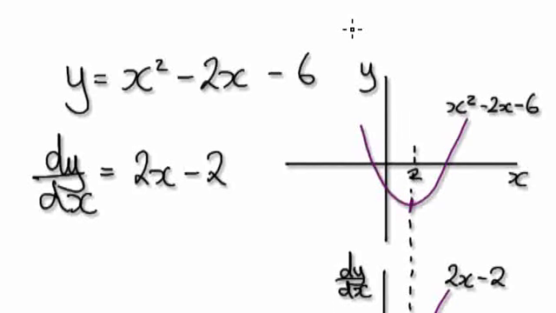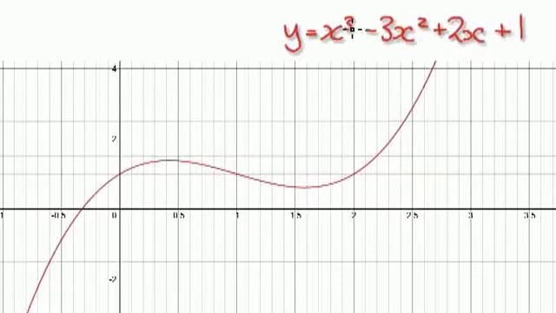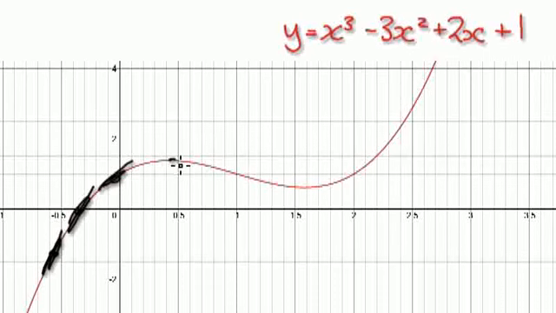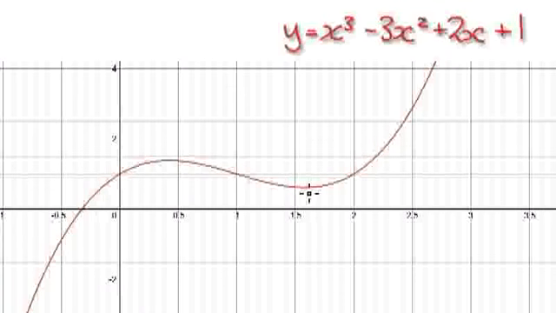Okay, so here's an example. When given a graph like this, now think in terms of the gradient. If you look at this point here, the gradient's positive, positive, positive, and then there comes a point when the gradient is 0, and then the gradient here will be negative, negative, negative, and there will come a point where the gradient will be 0 here.